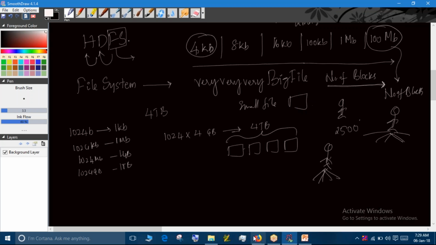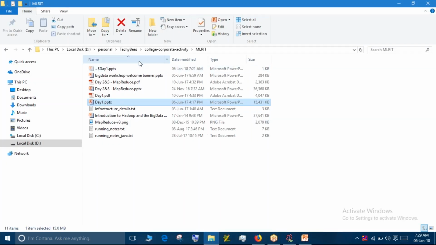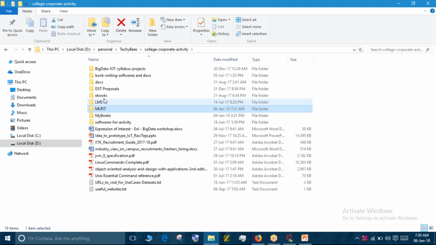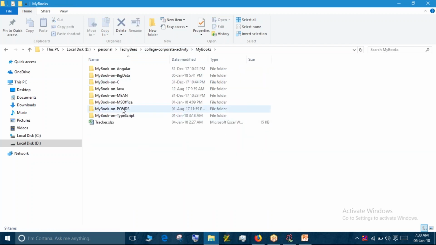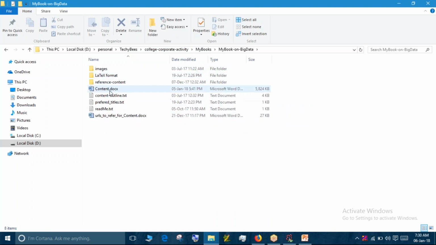Let me show you. And you have something called big data, and you see here the size of this file is 5.68 MB.